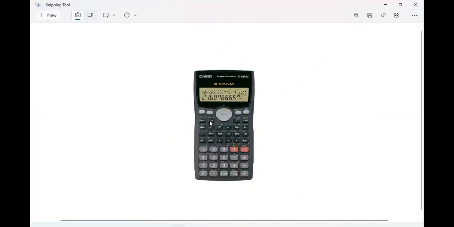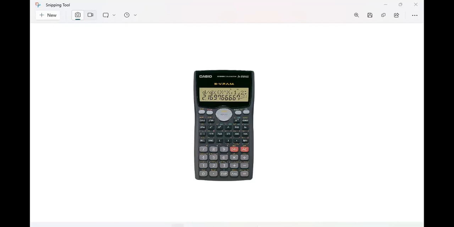I think it should be somewhere here. So you press 6 combination 1. So 6 combination 1 equals, what are you getting?